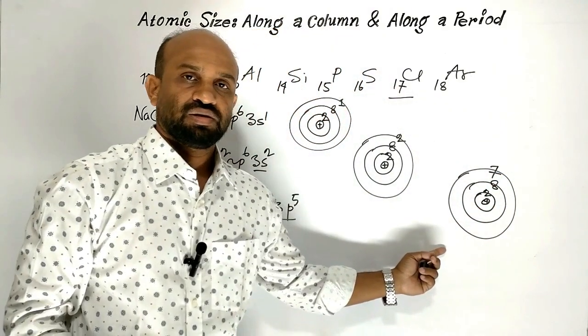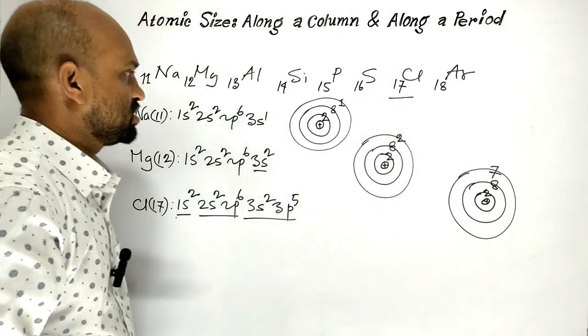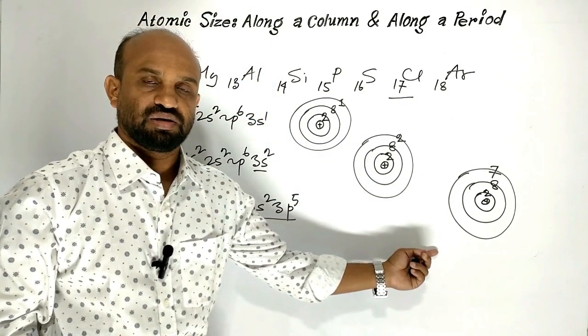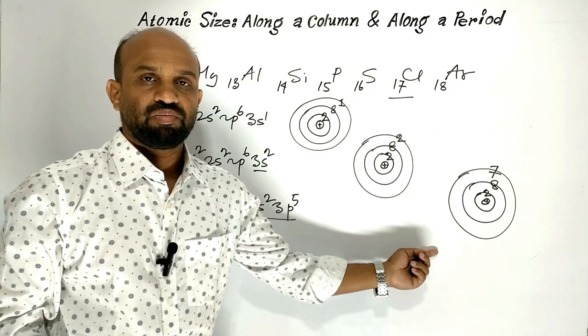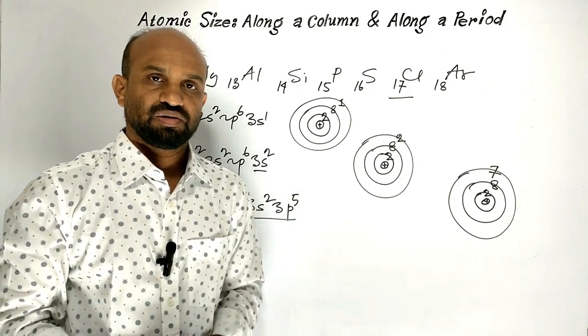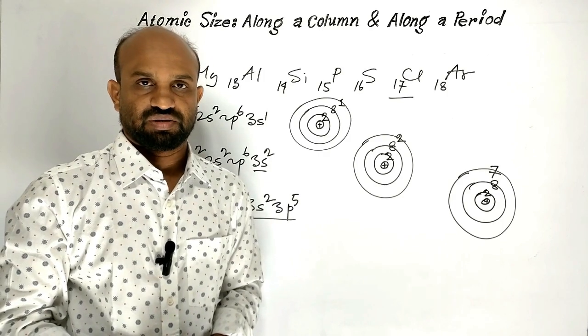That is, along a period, the shell number is not changed. In each case, the number of shells is the same. For the third period, this is 3 shells.